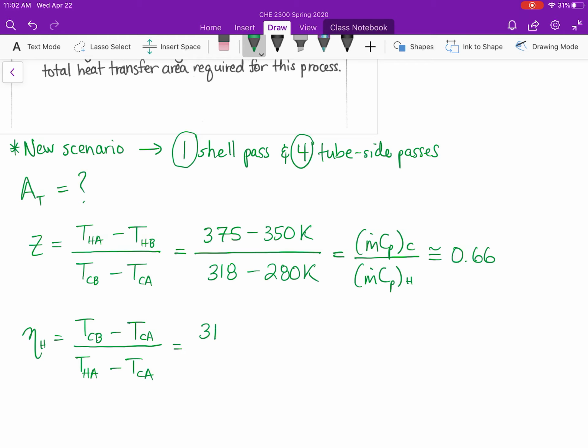So here this is equal to 318 minus 280 K, and that is divided by 375 minus 280 K. If I do the math on that, I get an answer that is approximately 0.40. Okay, so Z equals 0.66, eta sub h equals 0.4.